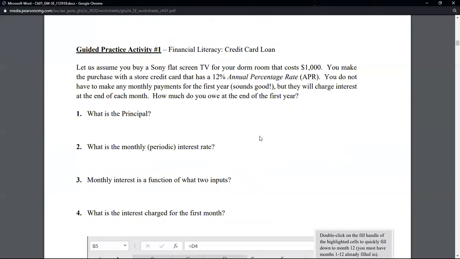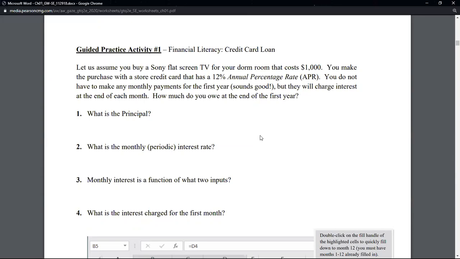Okay, so guided activity 1 from this. Credit card loan, and this is a really weird credit card loan, and let's read the problem and see why that is. So let's assume you buy a Sony flat screen TV for your dorm room that costs $1,000. I have so many problems with this problem. If you're in a dorm room, if you have student loans, don't buy a $1,000 TV maybe, but that's an opinion.